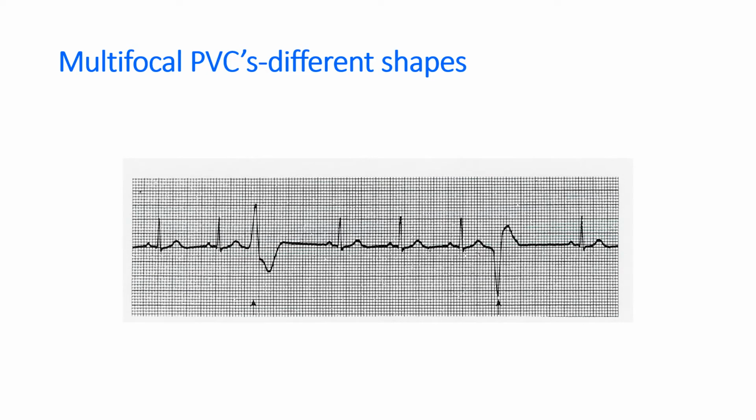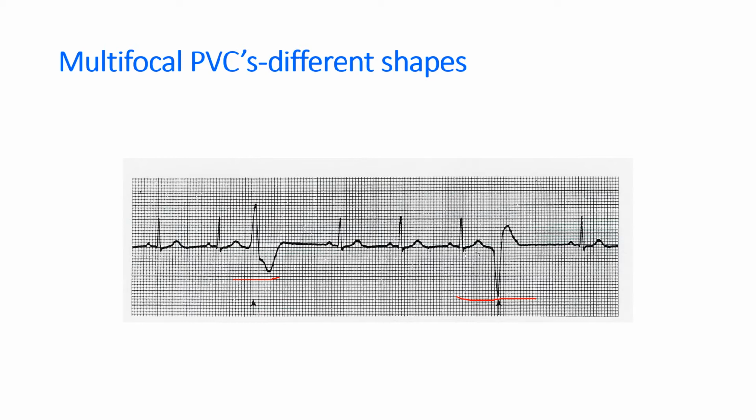If you have more than 1 PVC and they look different, so if you can see in this one, it has the positive deflected QRS and a negative deflected T wave. In this one, you have a negative deflected QRS and a positive deflected T wave. So these two look different.